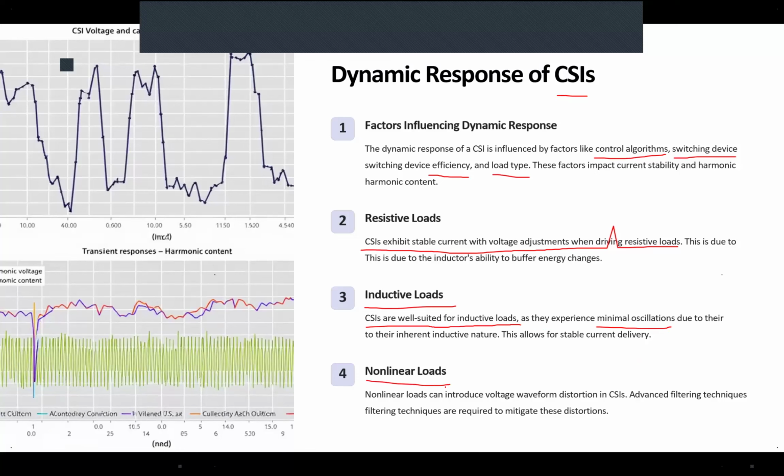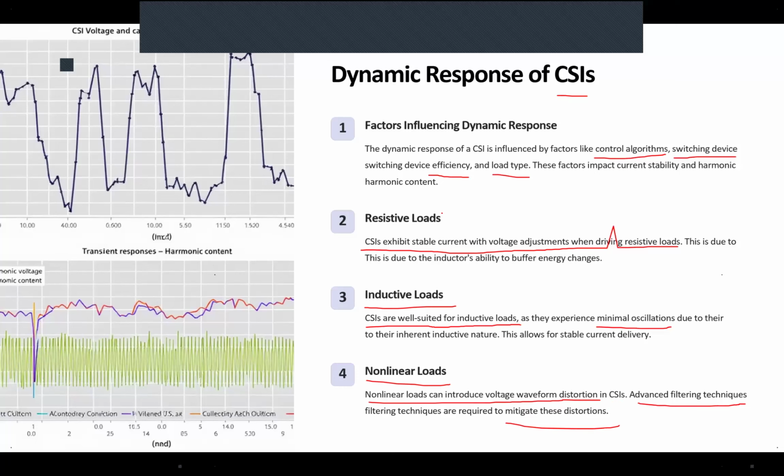In nonlinear load, they could introduce voltage distortion, as is predicted because they are nonlinear loads. Okay, and same as VSI, CSI also needs advanced filtering techniques to mitigate the distortion caused by the nonlinear loads.